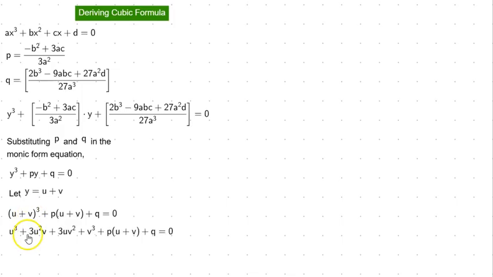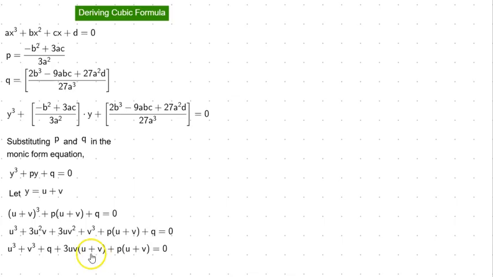U cube plus 3u square v plus 3uv square plus v cube plus p times (u plus v) plus q equal to 0. U cube plus v cube plus q plus, now here 3u square v plus 3uv square, we factor it.